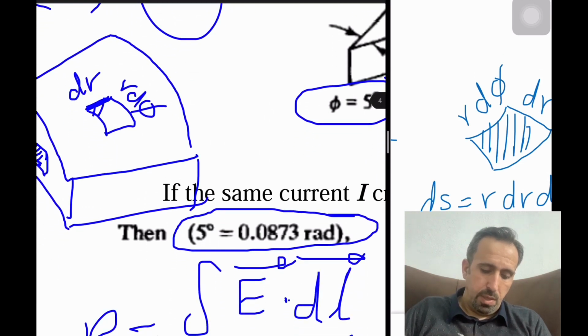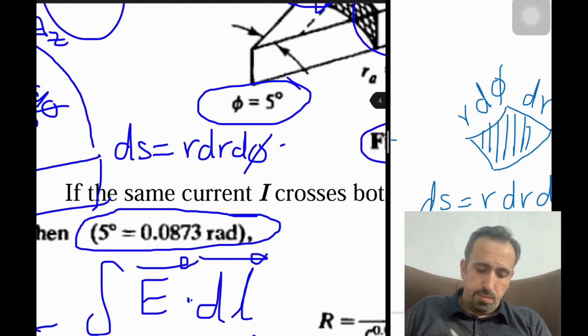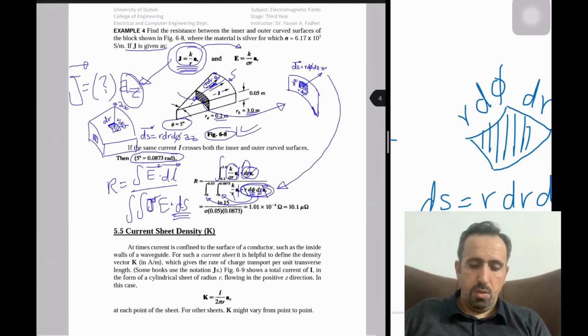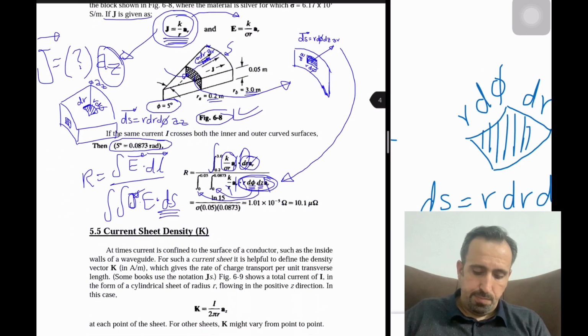Its direction will be upward, along AZ, and we will say ds equals r dr d phi AZ. So be careful and look at whatever you have, because for the same geometry, if the direction of current changes, everything will change in the solution.